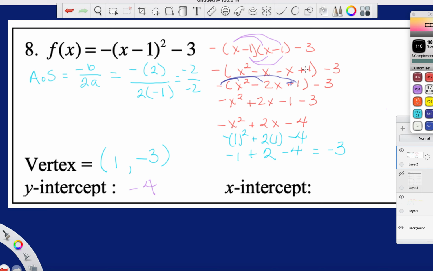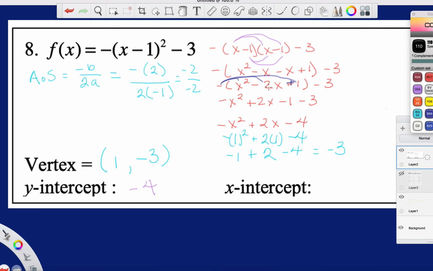Well, I still have some multiplication to do with my order of operations. I still have this negative sign up here. So I'm going to distribute it to every piece inside. I combined my negative x and negative x to give me negative 2x. And now I'm going to distribute my negative. So negative times x squared is negative x squared.